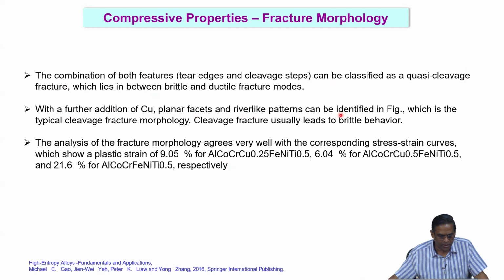And with a further addition of copper, planar facets and river-like patterns can be identified, which is the typical cleavage fracture morphology. Cleavage fracture is usually a characteristic of brittle behavior.